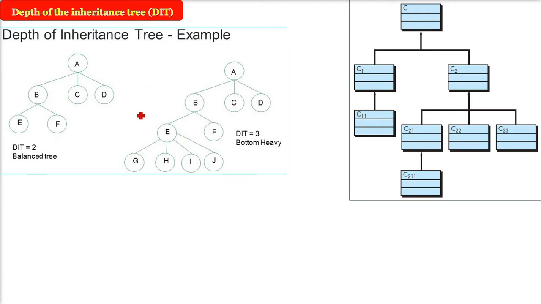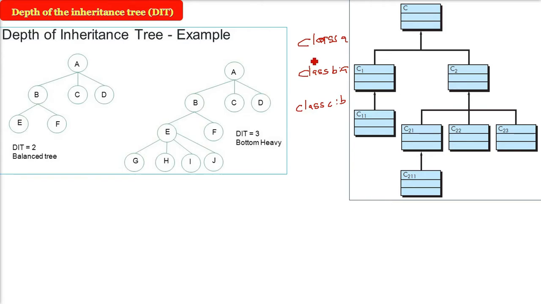In the CK suite, we have depth of inheritance tree, DIT. So inheritance is when a class's properties are inherited by another class. For example, you have the attributes and functions of class A, class B you have defined, class C you have defined, and you have inherited the classes which are above it.